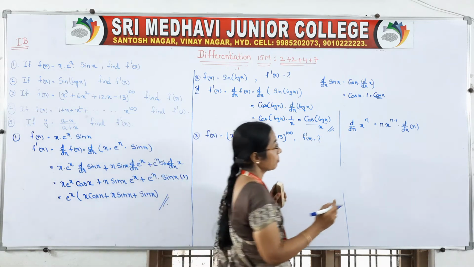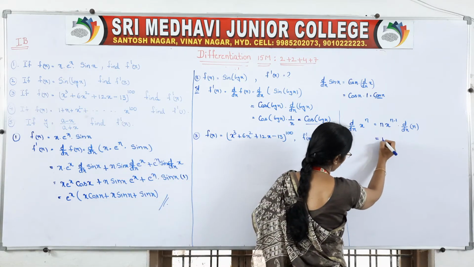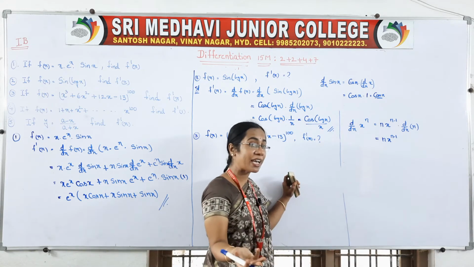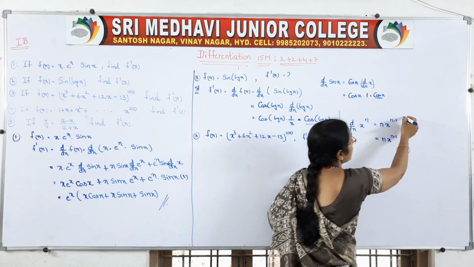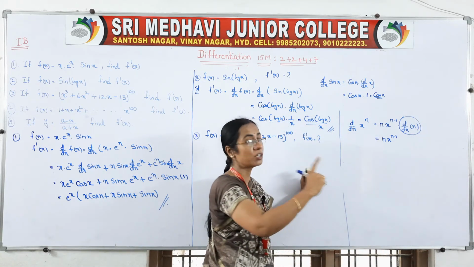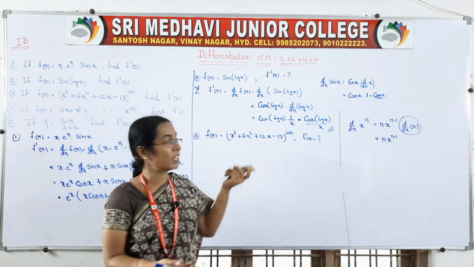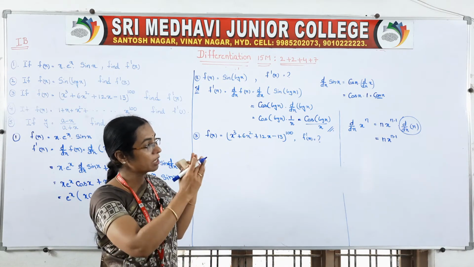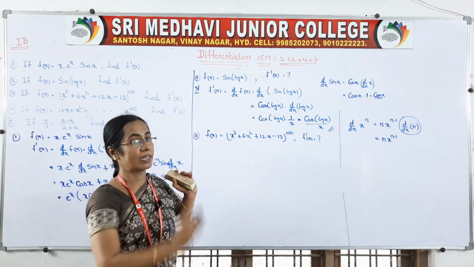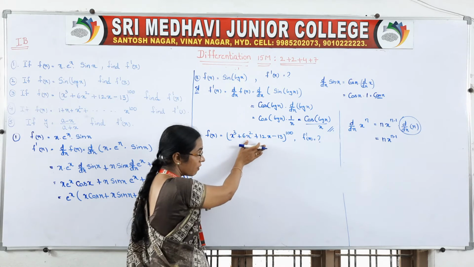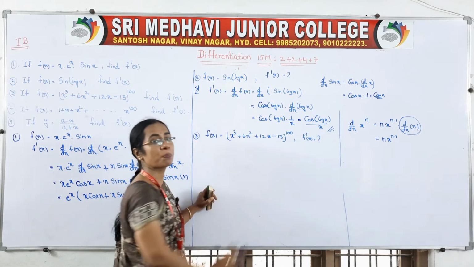But you can ask, madam, while giving the formula you said only n into x to the power of n minus 1. Why like that? d by dx of x is equal to 1. So this value into 1 means that value itself. That's why in the formula it is given like that. But actually the meaning of the formula is that one. So now here you observe some value is having its power.